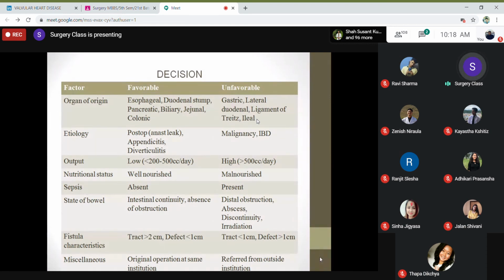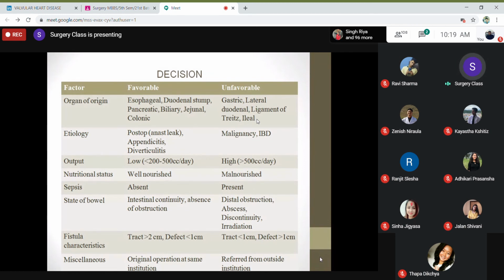But if you look at the state of the bowel, you can see the distal obstruction. Suppose there is an ileal fistula and there is obstruction to the large bowel. In that case, the fistula is not going to heal. Suppose there is an ileojejunal junction fistula and there is obstruction in the distal ileum. In that case also, this fistula is not going to heal. That is an unfavorable situation.